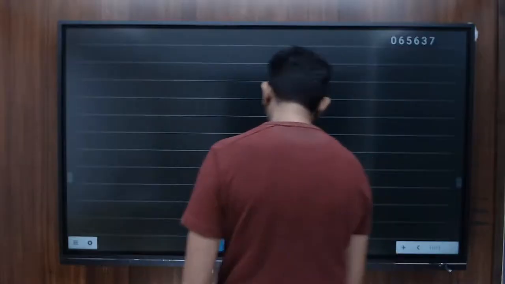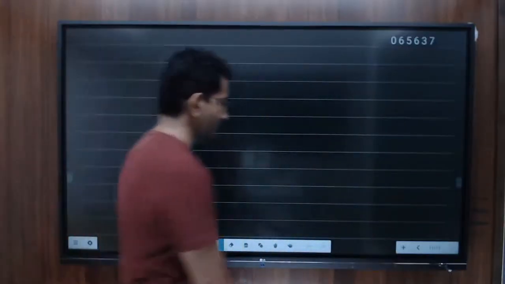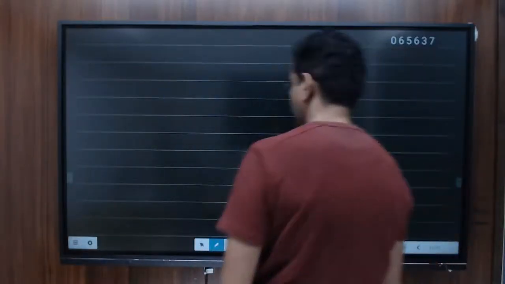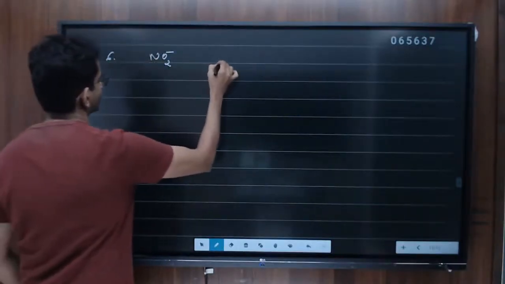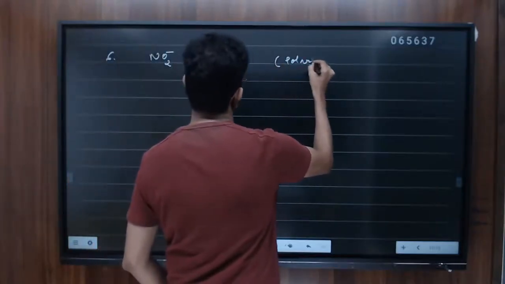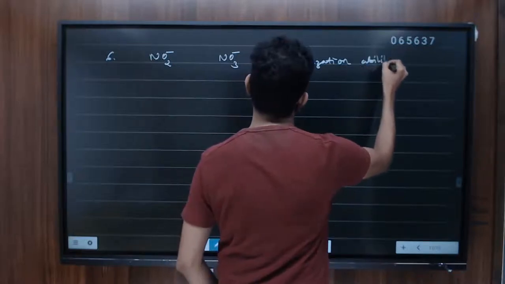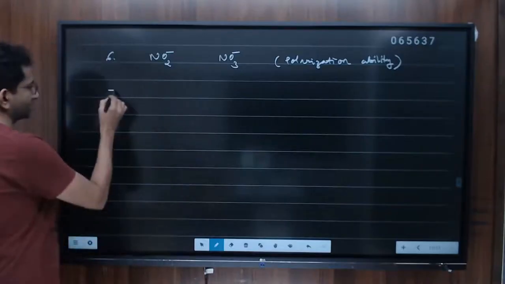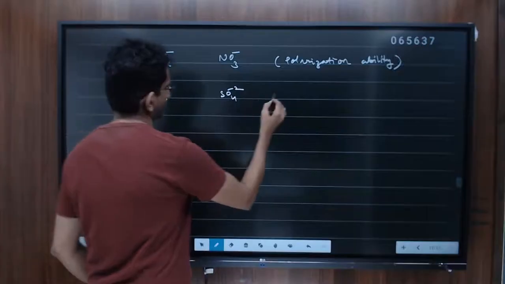Let's have a few more examples. Now you let me know NO2 minus and NO3 minus. Polarization ability. Same way SO3 minus 2, SO4 minus 2.